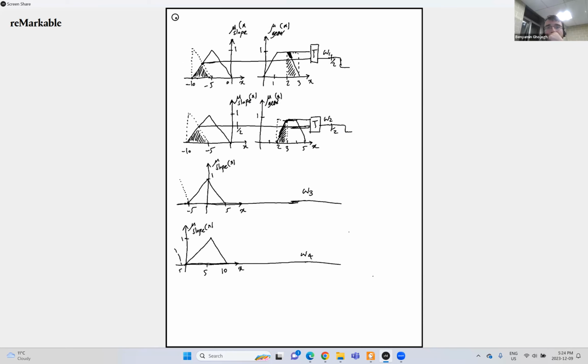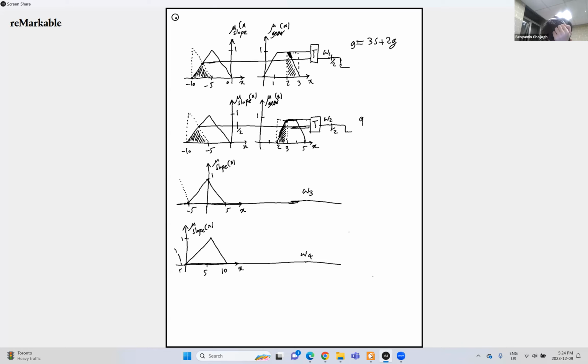Then what happened? Then I will have, assume, I don't know what we call it, my gas, let's call it G equals, we can say 3 slope plus 2 gear, maybe.